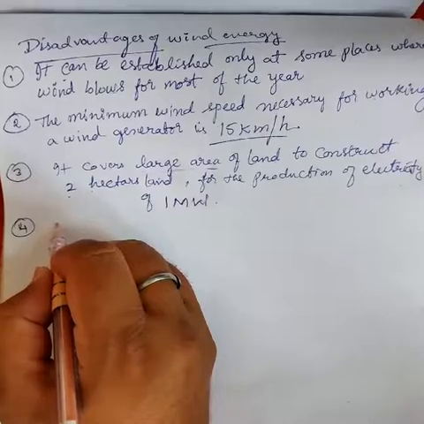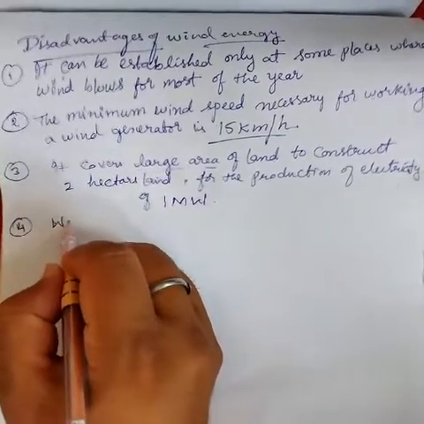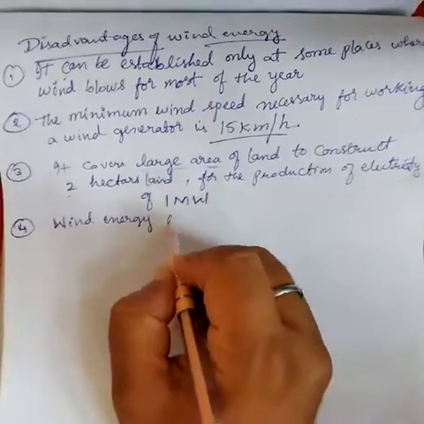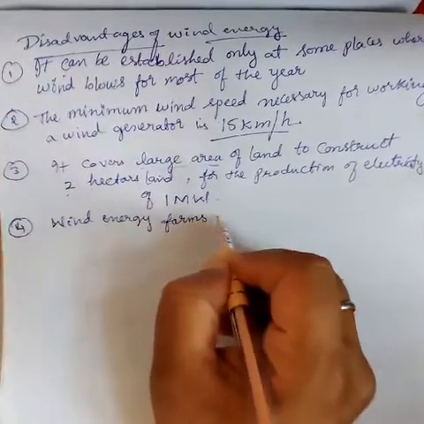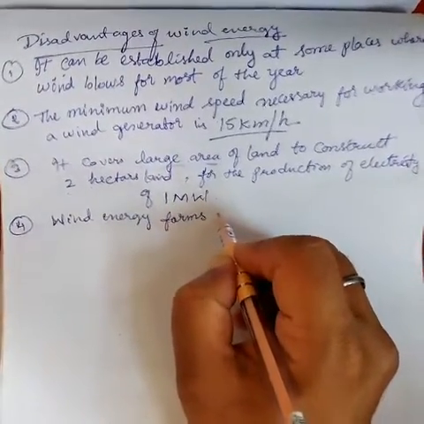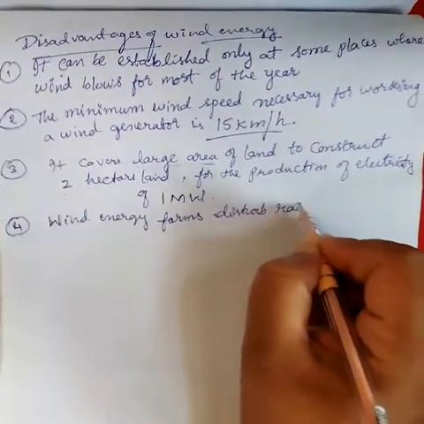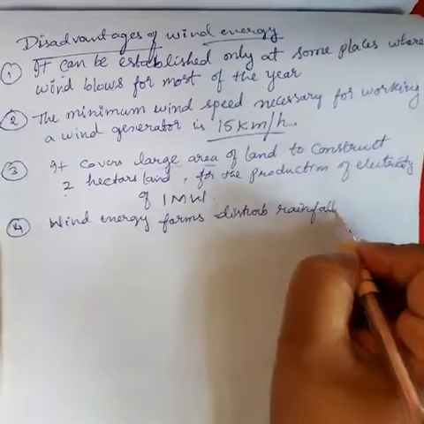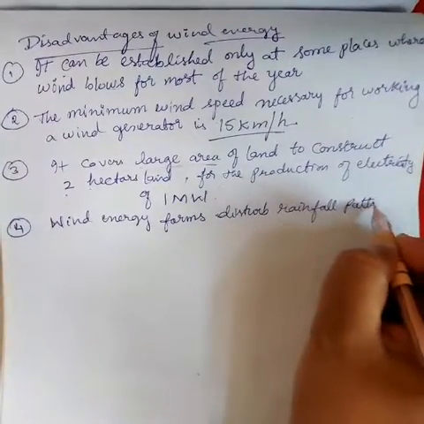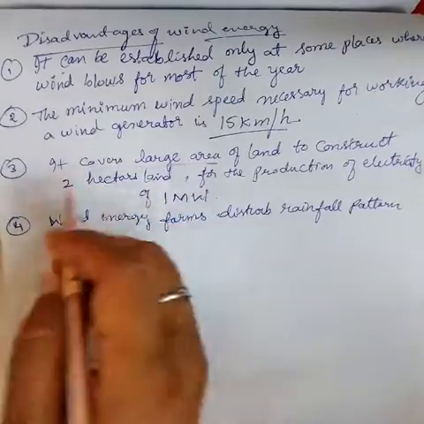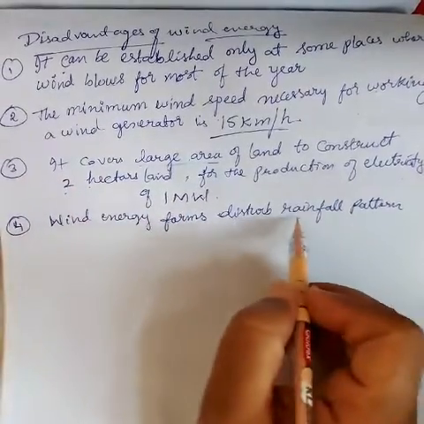And then wind energy farms disturb the rainfall pattern. We don't know exactly at what time the rain is formed, so the production of electricity is also disturbed.